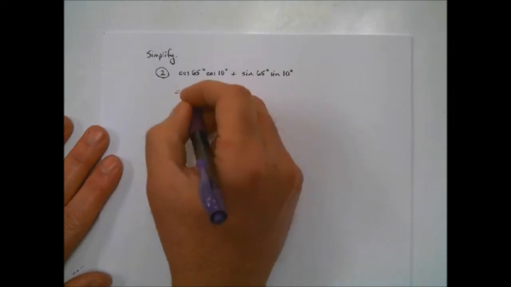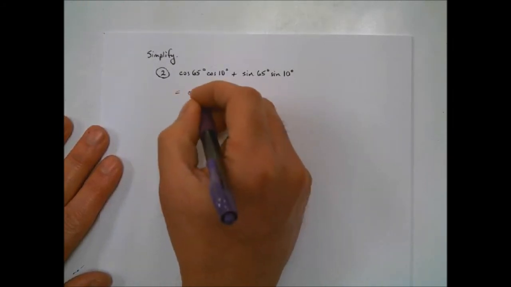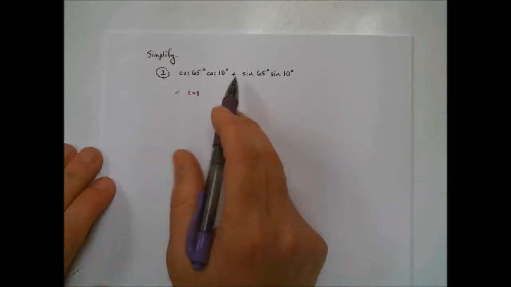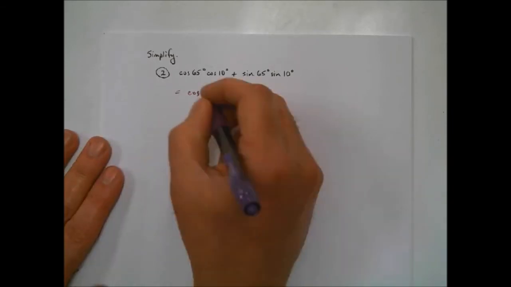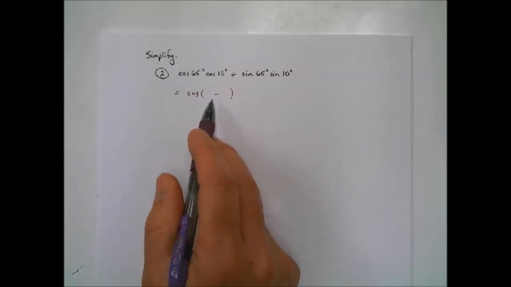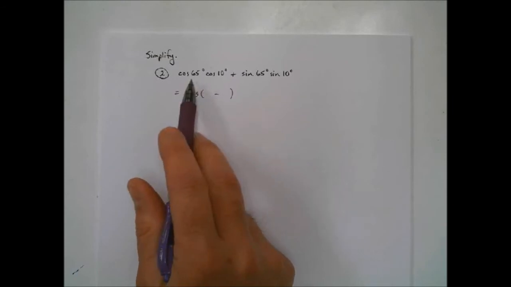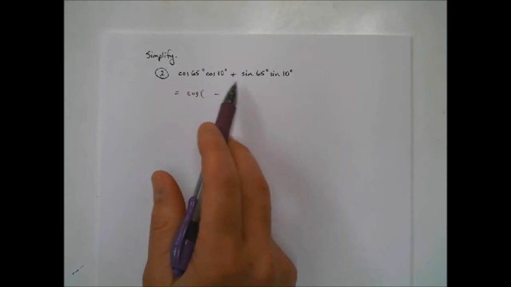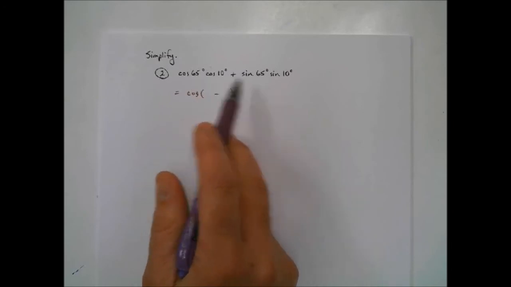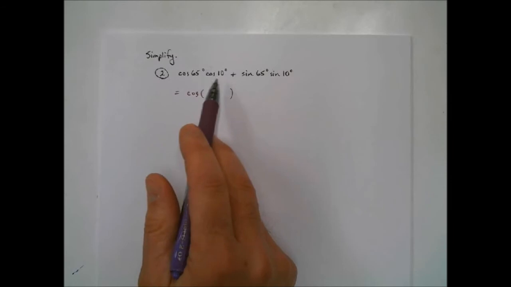So this is equal to cosine of, now let's figure out whether it's angle addition or angle subtraction. Cosine change. Since it's plus here, that means it's going to be minus here, because cosine change. Now, it's important for us to keep the angles in order, alpha, beta, so they're all matching in that correct order.